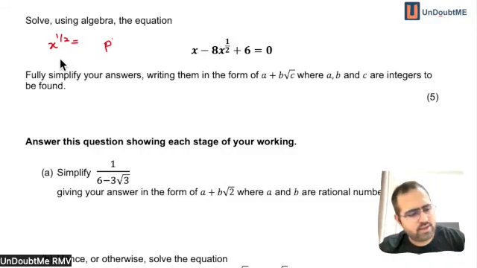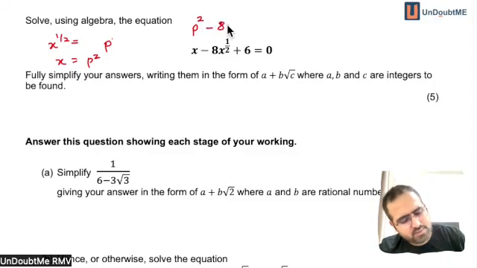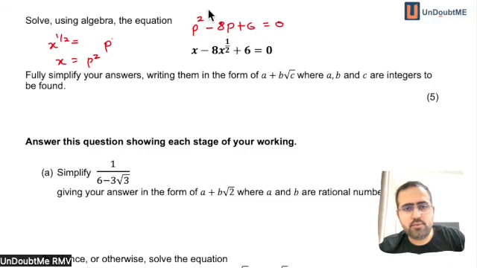When I square both the sides, so it will be x is equal to p square. So now I have to make the replacements. So now this equation is p square minus 8p plus 6, solved from here. We need to solve for p first, and then from there we can get for x.